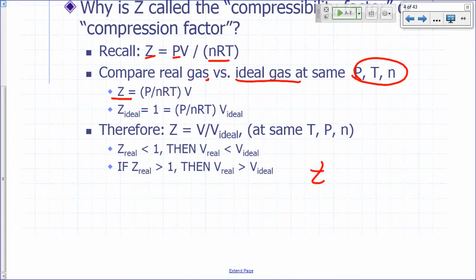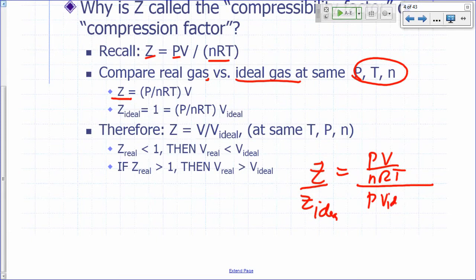Z equals PV over nRT, over Z ideal, which is 1, PV ideal over nRT. So at the same pressure and temperature, same number of moles, R is a constant, Z over Z ideal is just V over V ideal.